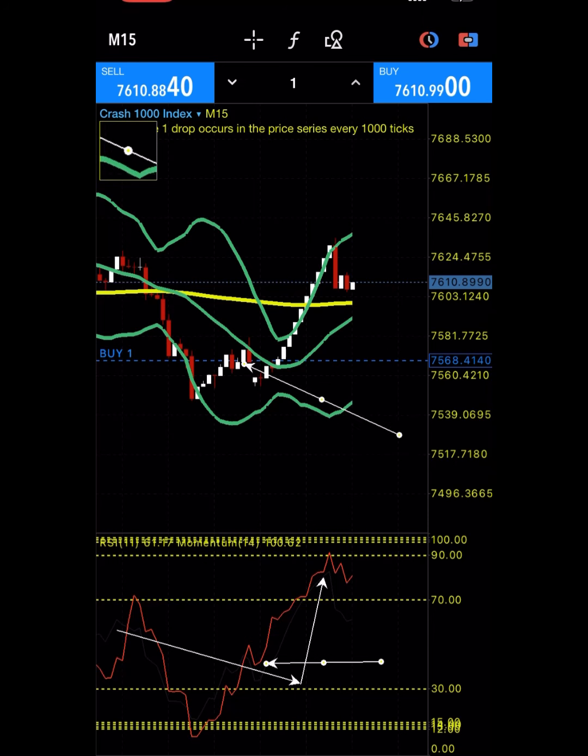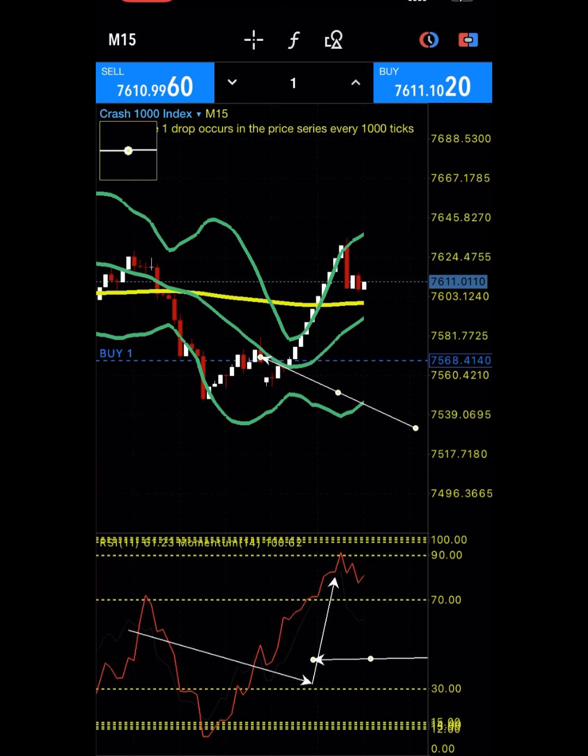If you're seeing price at resistance here, like let's say for instance this middle Bollinger Band line, if you're seeing price resisting below it and you're seeing price sitting on 30 ready to push up, the confluence is not aligned, so it's a confused one, so you mustn't take the trade.